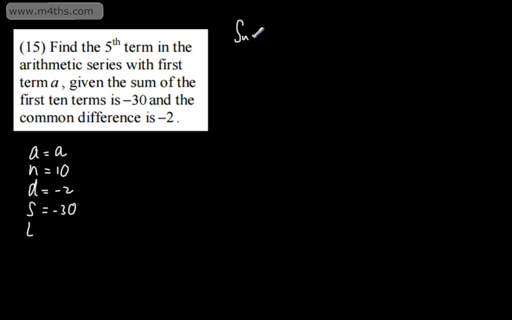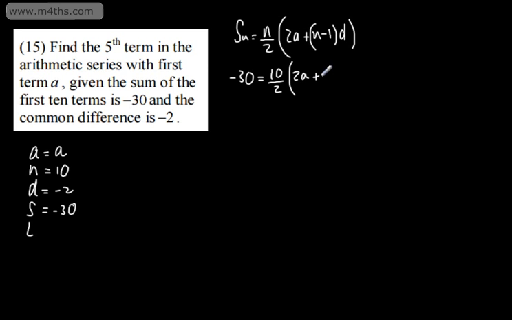We know the sum of n terms is equal to n over 2 times (2a plus (n minus 1)d), as we saw in the last video. So substituting in, negative 30 will be equal to 10 over 2, times 2 lots of a, plus n minus 1, which is 9 lots of the common difference, negative 2.